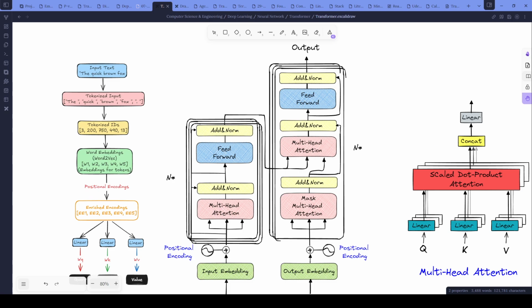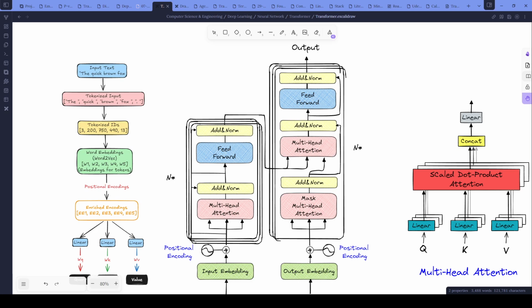So the decoder starts with a start token, and it takes a list of previous outputs as inputs, and it takes the encoder outputs that contain the attention information about the inputs that it has taken previously.